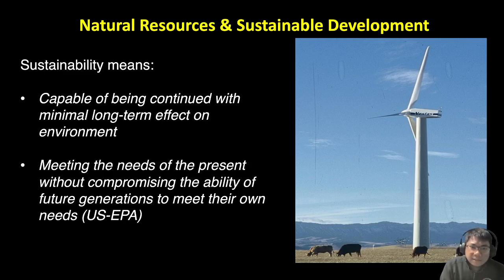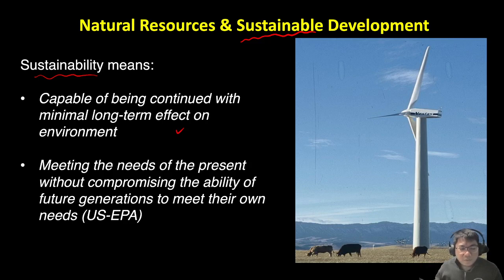But what does this word mean? Sustainable development, or what does sustainability mean? So sustainability means the capability of being continued with minimal long-term effect on the environment.